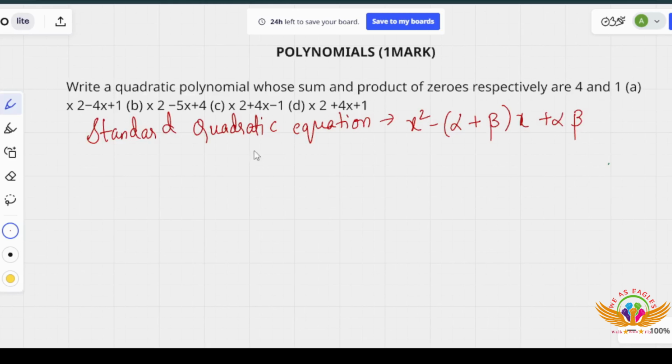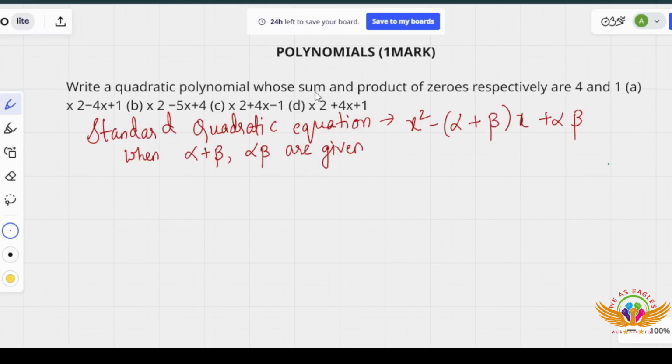This standard equation will be used when the sum of zeros and product of zeros are given. Please note this point. When you know the value of the sum of zeros alpha plus beta, and also the product of zeros alpha beta, then you can use a direct formula and find the standard quadratic equation, right?